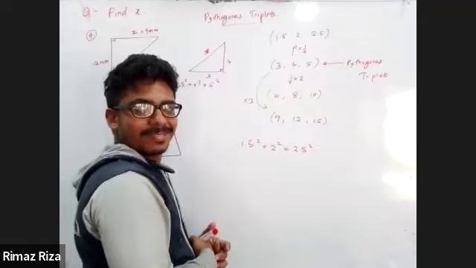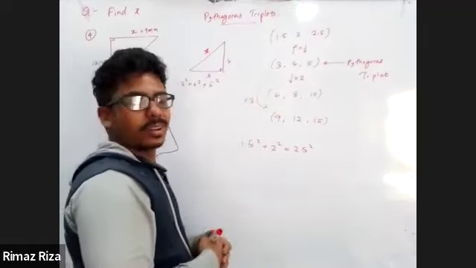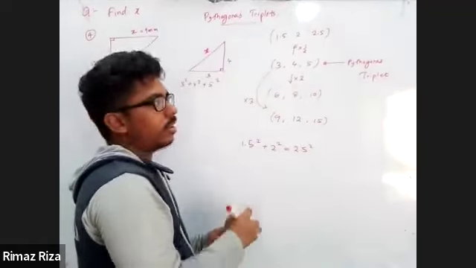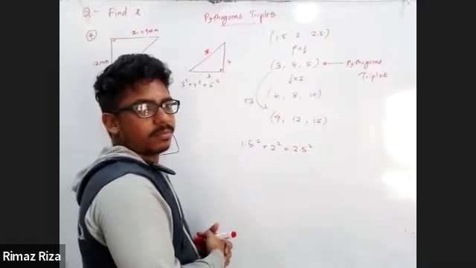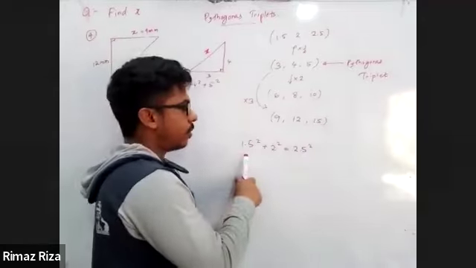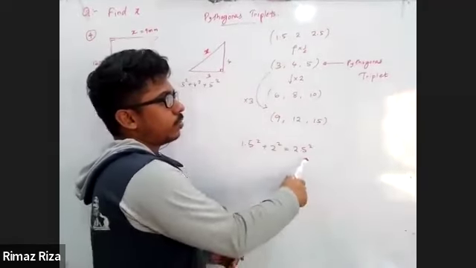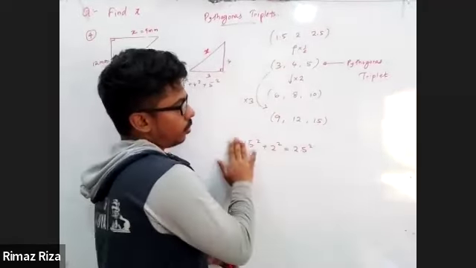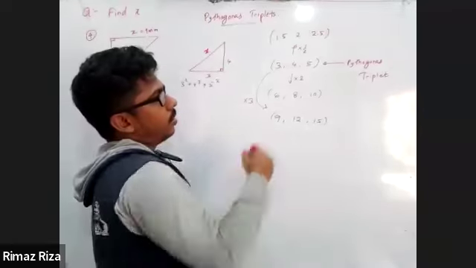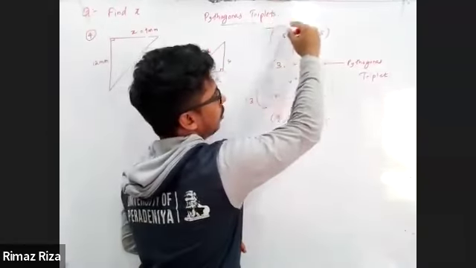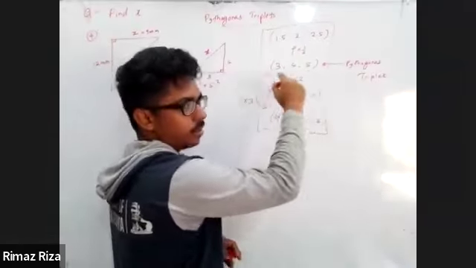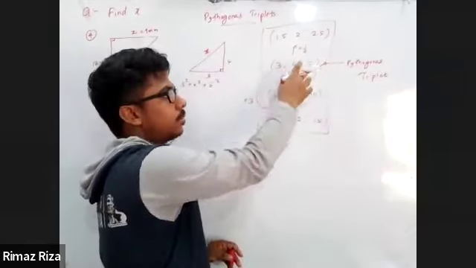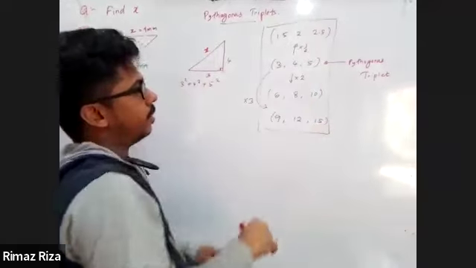A squared plus B squared is equal to C squared. That is the Pythagoras theorem. So 1.5 squared plus 2 squared is equal to 2.5 squared. So these all are a group. This all comes in the same category, the 3, 4, 5 family. So these Pythagoras triplets come under one family.